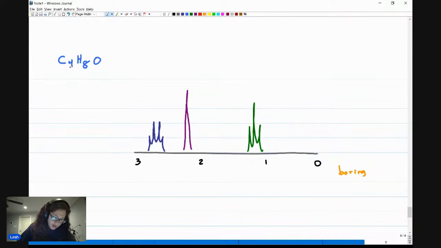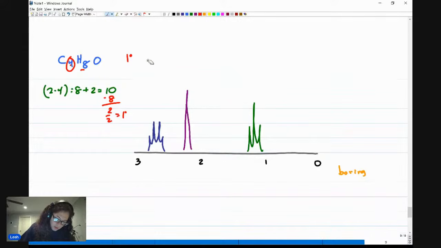You just look at it, you say CnH2n+2, n is equal to 4, so all I'm going to do is 2 times 4 is 8, plus 2 is 10, minus 8. That's 2 over 2 equals 1 degree. So I have 1 pi. 1 degree is equal to 1 pi or 1 ring.